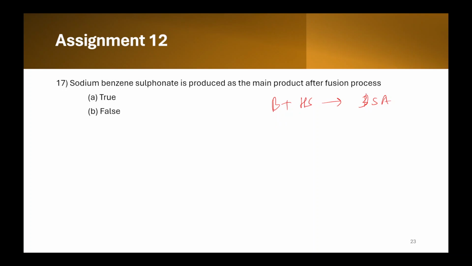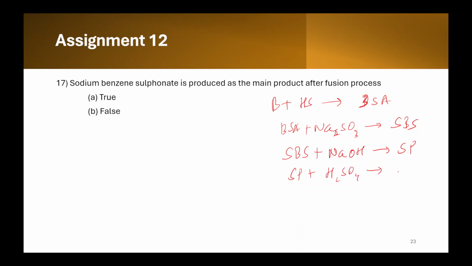Then benzene sulfonic acid plus Na2SO3, this is the neutralization, gives us sodium benzene sulfonate. Sodium benzene sulfonate is then again fused with NaOH to give us sodium phenoxide. Then sodium phenoxide plus again H2SO4 gives us your crude phenol.